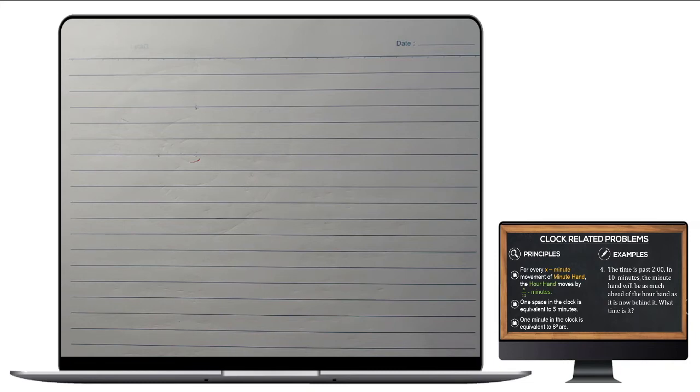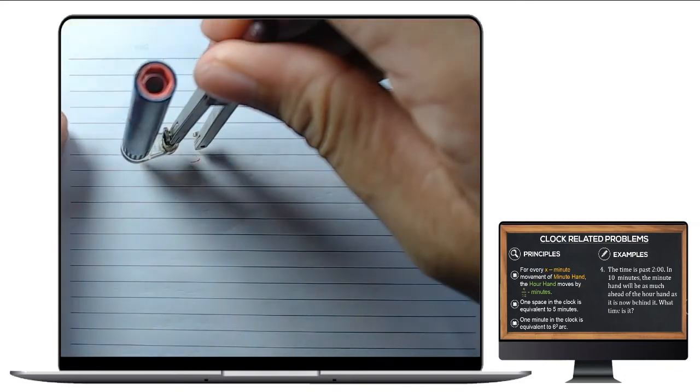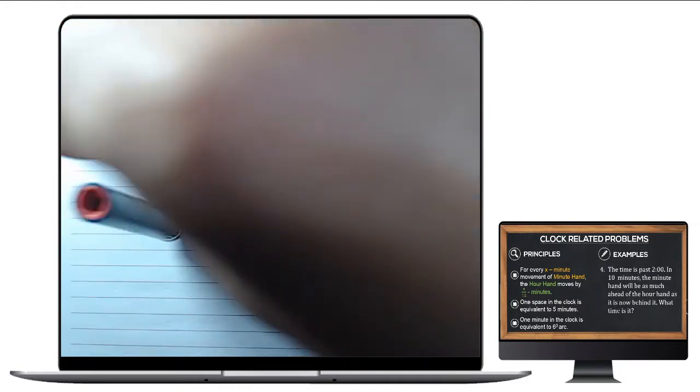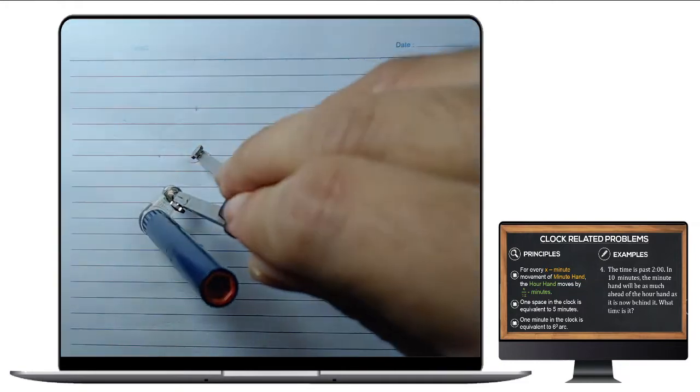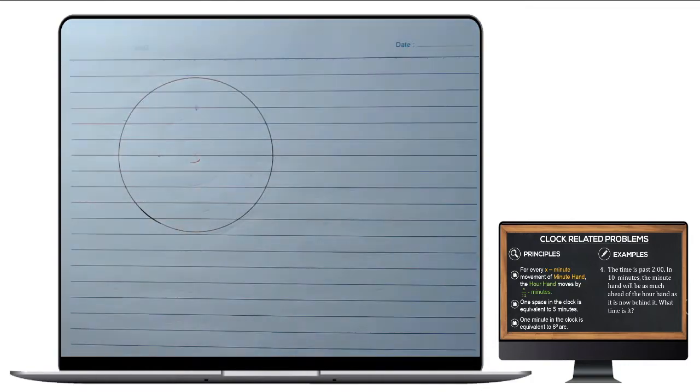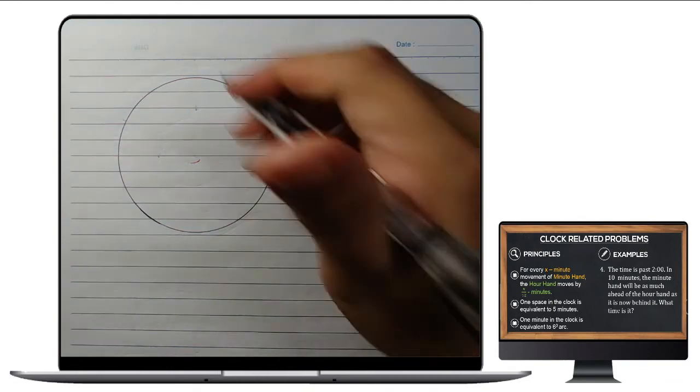However, if some complicated problems like this set of problems from 3 to 4, we will be using sketches and pure analysis. Okay? So, we are just applying the three principles of clock. So, let's have our clock.